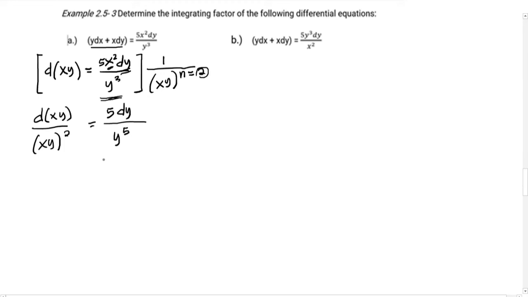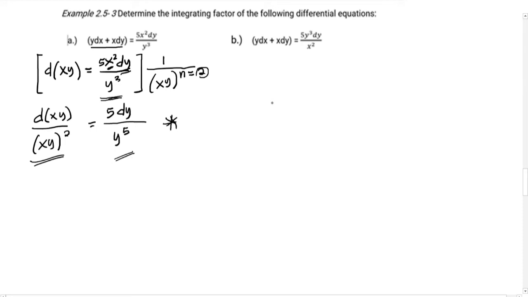But we are going to end at this line because our intention is only to determine the integrating factor. I hope from this line you can integrate this equation. But to give you a hint, on the left side you are going to use the power formula, as well as on the right side.